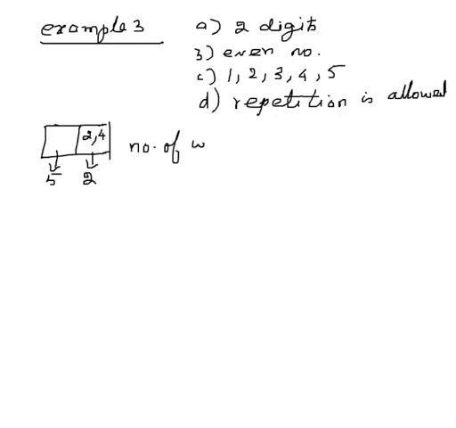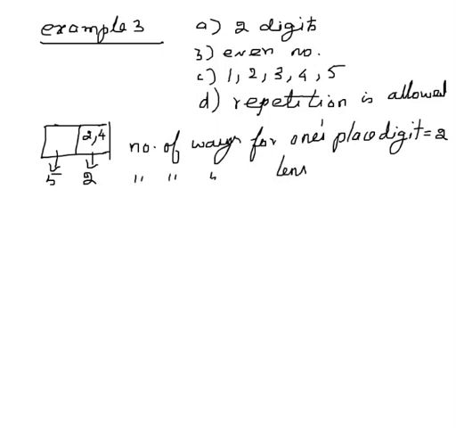So number of ways for ones place digit is equal to 2, and number of ways for tens place digit is equal to 5 because repetition is allowed.